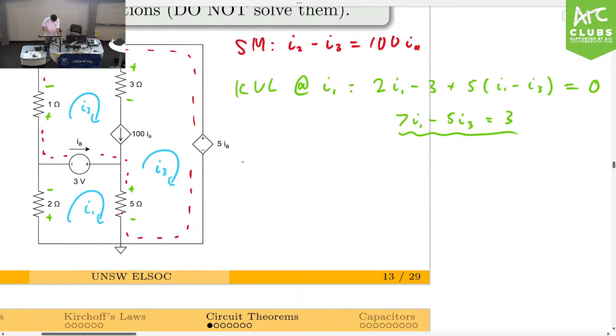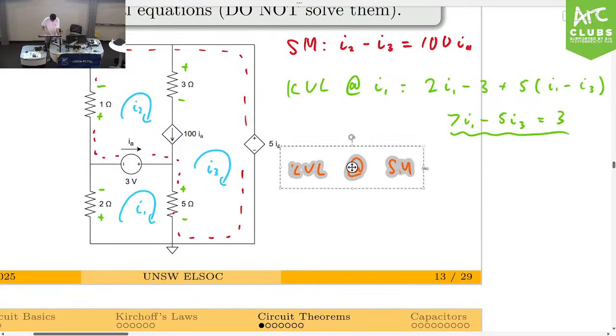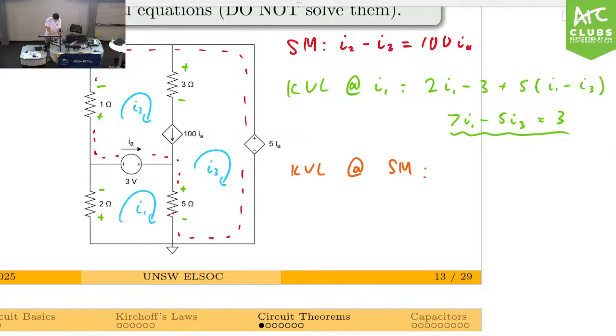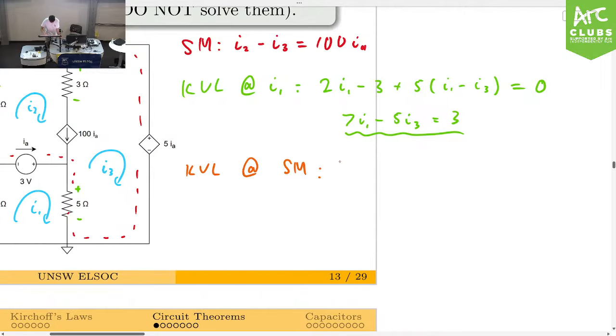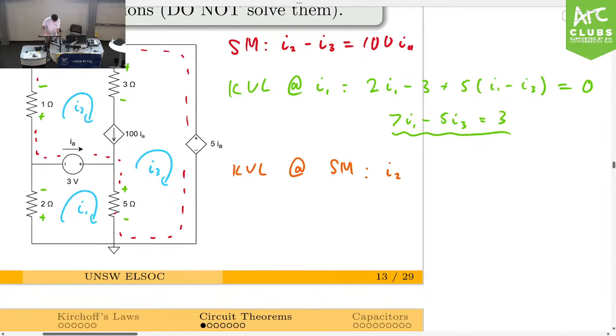And then we can do KVL again. Let's do it around the super mesh. So in this case, let's start from here. We have I2 going through the 1 ohm resistor, which is just I2. And then we're going through the positive terminal of the dependent voltage source. So we have plus 5IA.